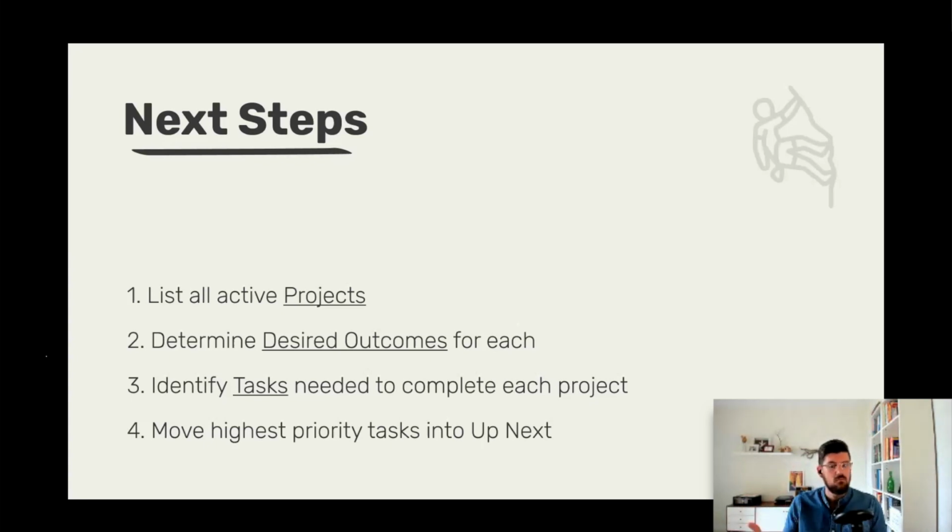And also, a very important one, what is the desired outcome for that project? Often, if we have a project that is several weeks in duration or longer, it's very common to forget what the target was with that project and how it fits into our larger system or larger set of goals. So the desired outcome works as a reminder to keep centered on why we started that project in the first place.